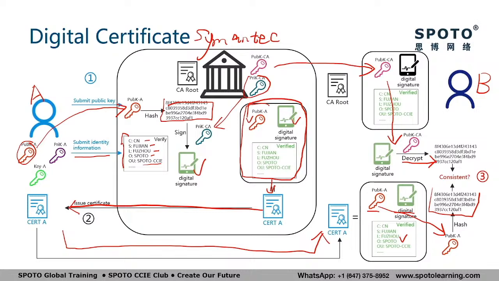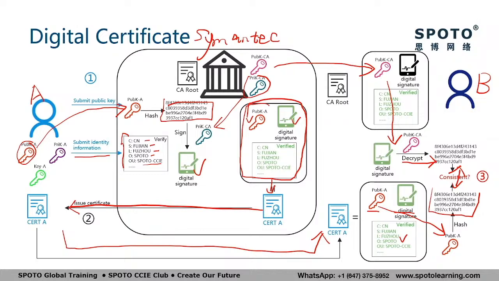It gets a hash value and compares the two to validate whether the certificate is genuine, whether user A is a genuine user. By doing that, user A passes its public key to user B, and user B validates this is a valid key from a genuine user A. So this is the process of how the digital certificate works and how user A passes the public key to user B.